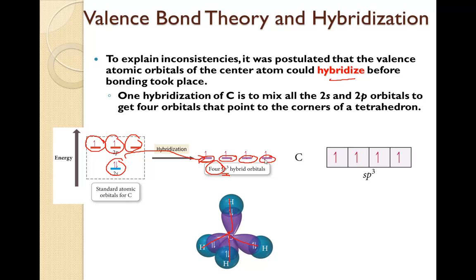The easiest way to remember that is we have 1 s and 3 p. When we add those two together, it comes up with 4. So we have now 4 spots for those electrons to go into, which then better explains what we see in the molecule, because we know that carbon exists with 4 bonds. And so now we have a spot for every single one of those hydrogen atoms to go.